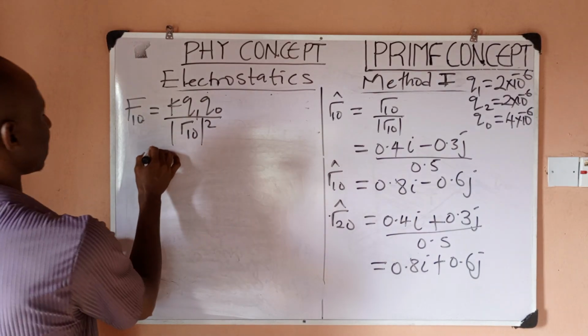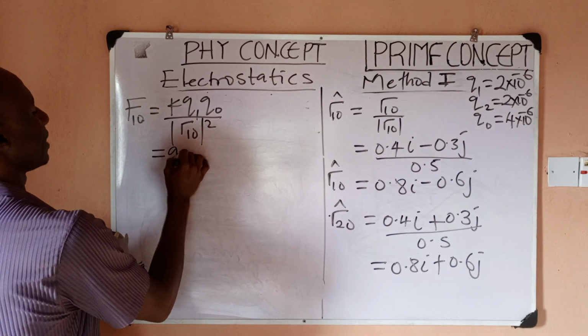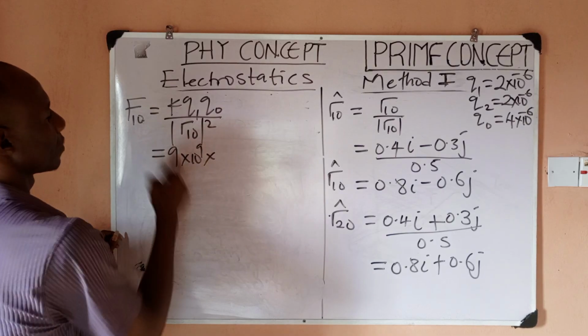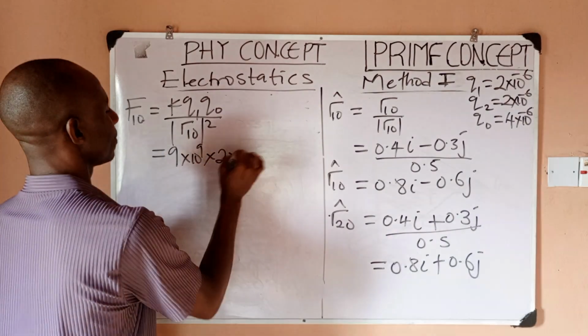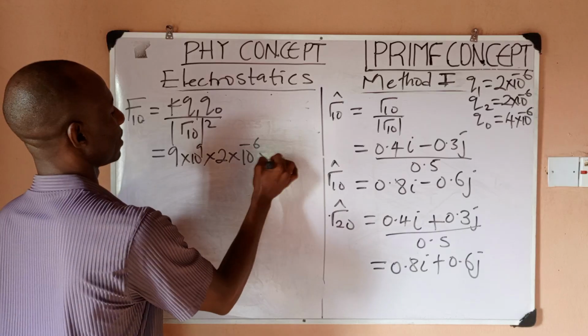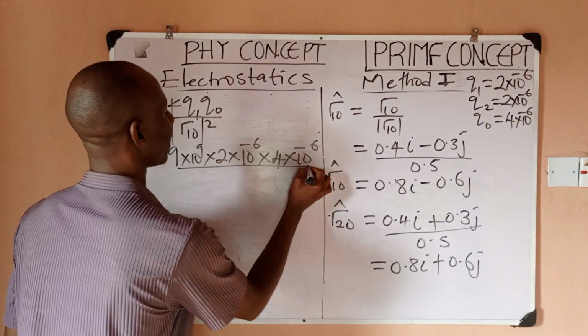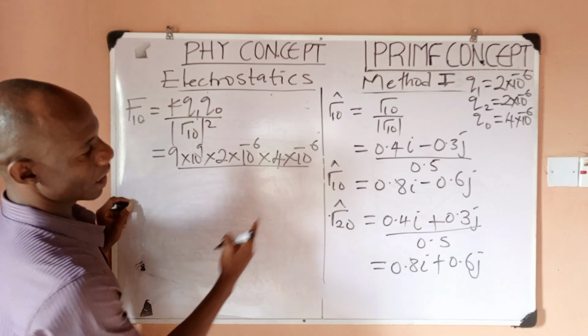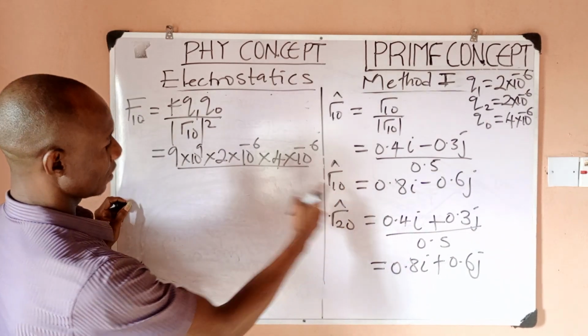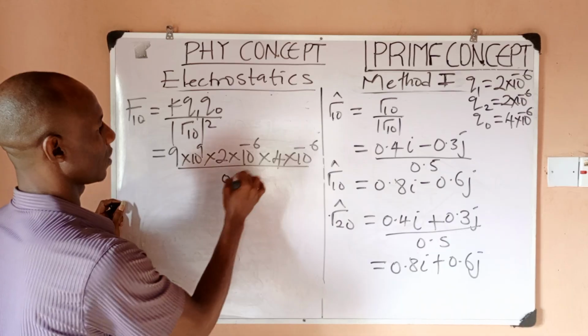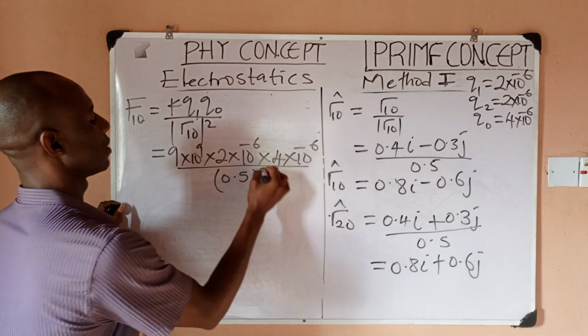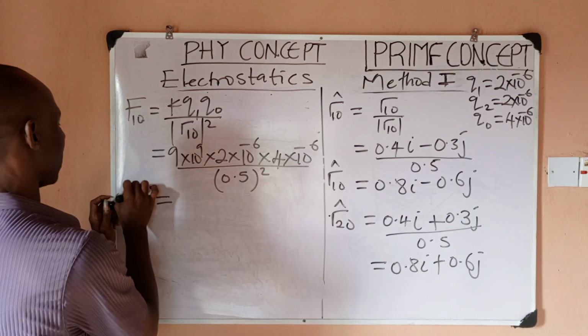So if I do this, I would have K, 9 times 10 to the power 9, Q1 times 10 to the power minus 6, Q0, 4 times 10 to the power minus 6, divided by R10. R10 is 0.5, that's the magnitude, 0.5 squared. So I have this.